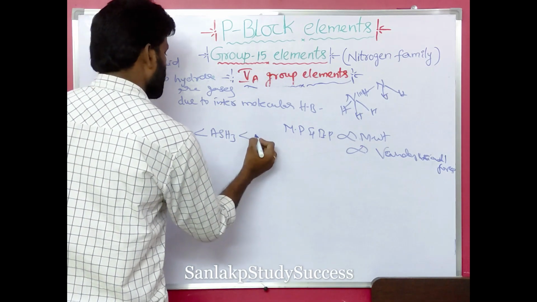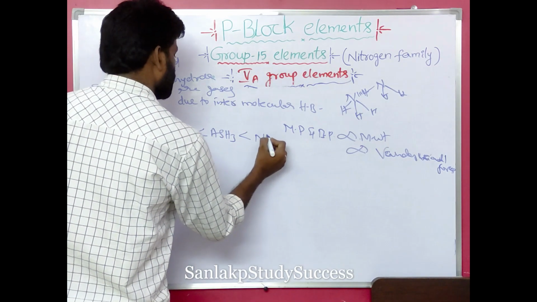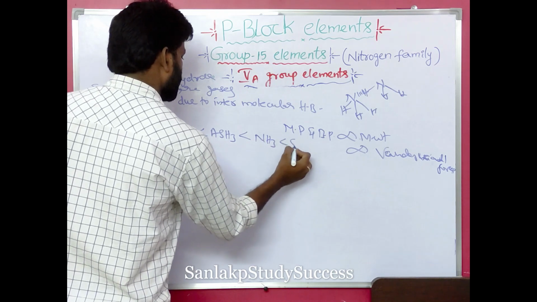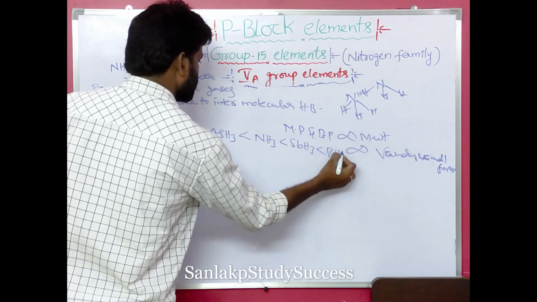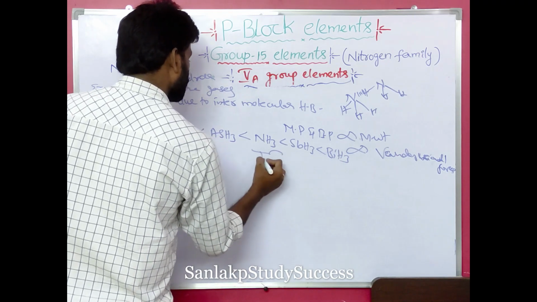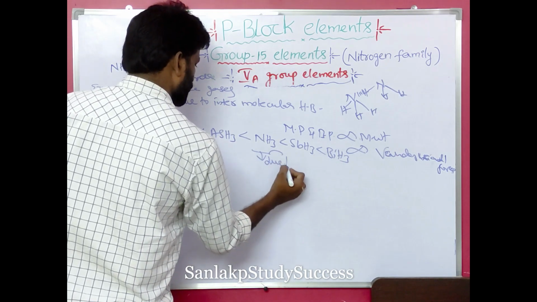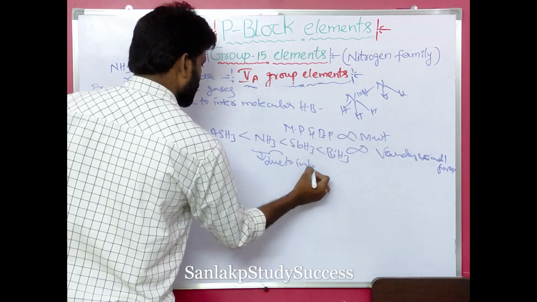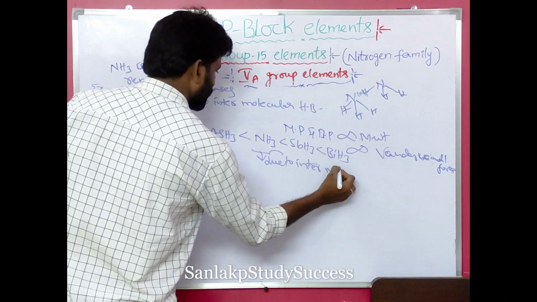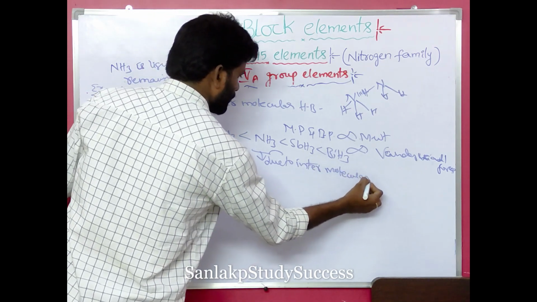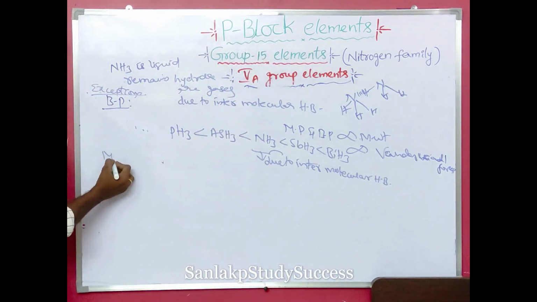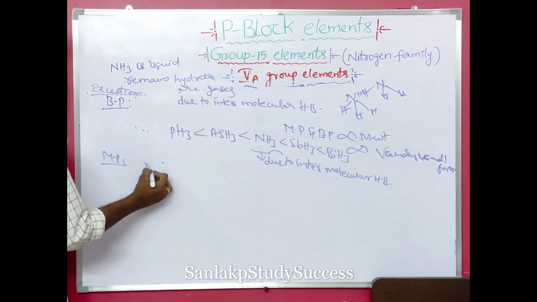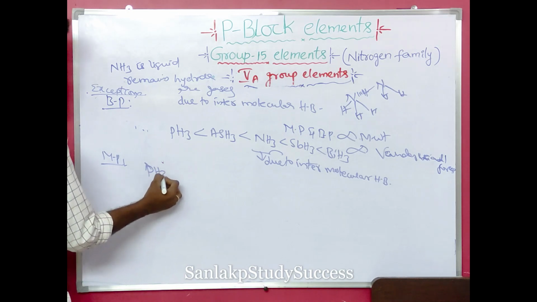NH3, SbH3, BiH3. So due to intermolecular hydrogen bonding, its melting point is also abnormal.